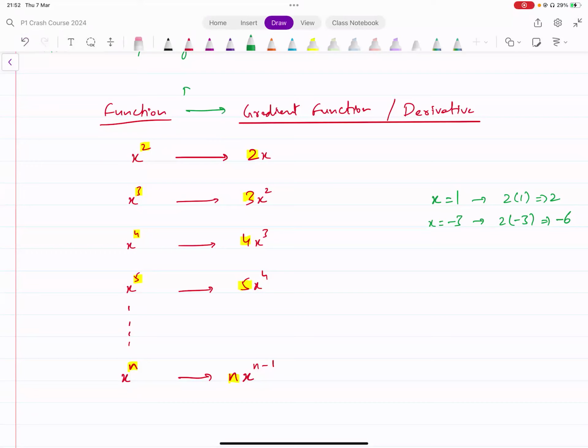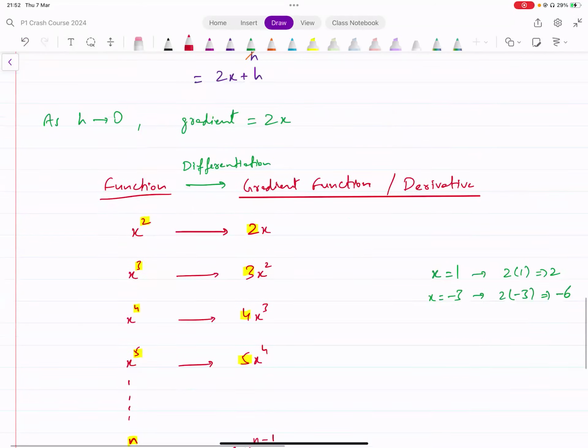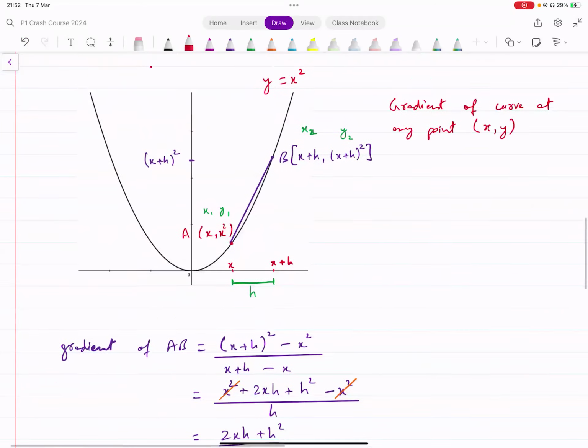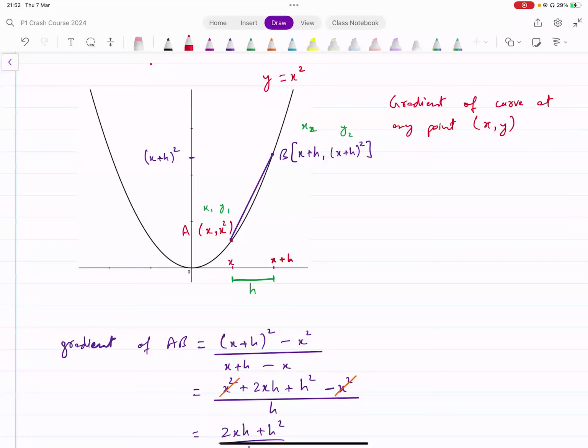When we go from a function to its gradient function, this process is known as differentiation, and this gradient function we will be calling the derivative of that function. And this is where this derivative comes from, okay, from this logic.